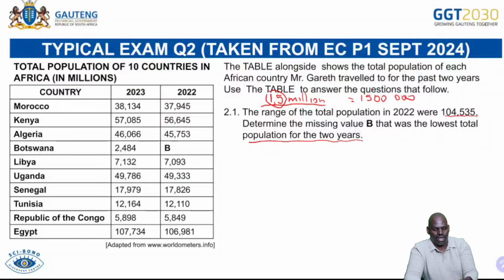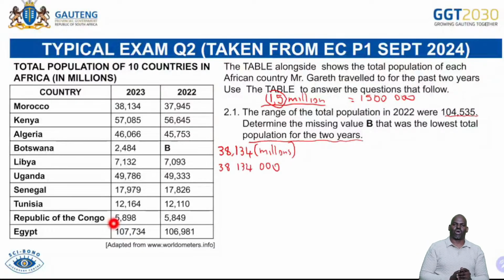But what if I've got 38,134, and they say this is in millions? I take 38,134 and multiply by a million, so it's going to give me 38,134,000.